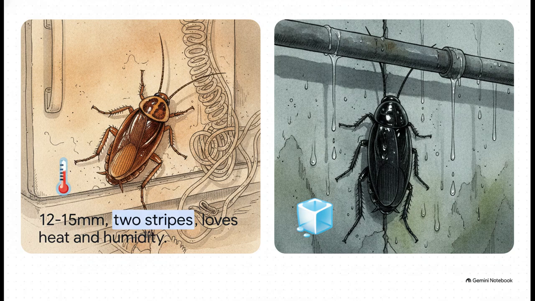Think the cozy spot right behind your refrigerator. On the flip side is the oriental cockroach. This guy is much bigger, 20 to 27 millimeters, totally dark black, and thrives in cold, damp, miserable places like basements and freezing sewer lines. If you confuse these two, you're going to end up placing gel bait in a hot kitchen when you actually need to be spraying residual chemicals down in a freezing sewer. You're literally fighting the wrong war.